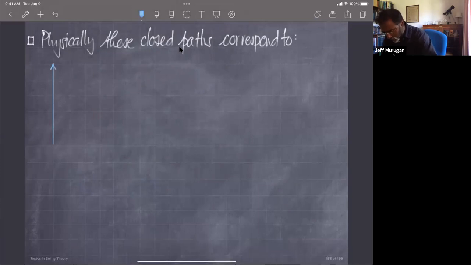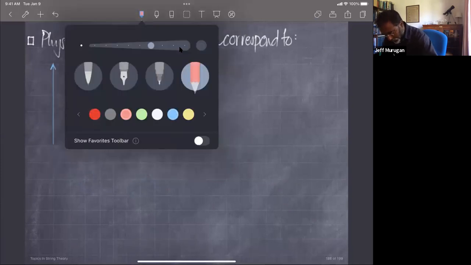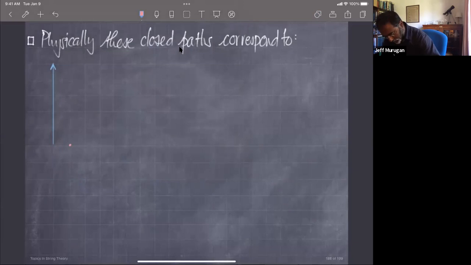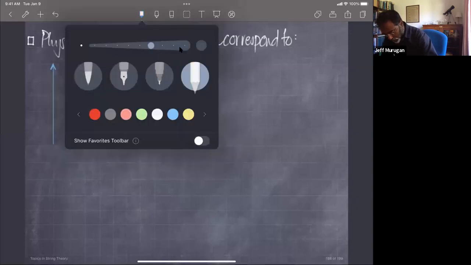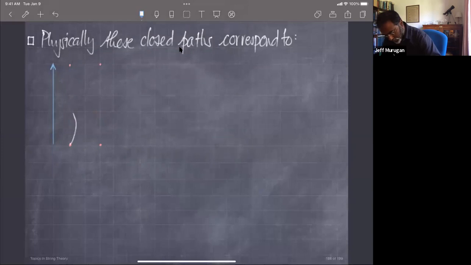And my particles are going to look like this. So we're going to start off here. This is the first picture, and the particles have the following world lines. And this is the direct path.